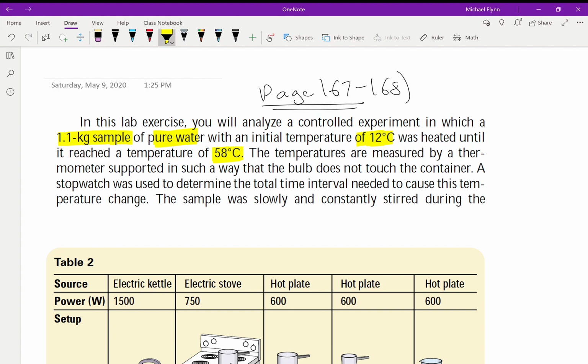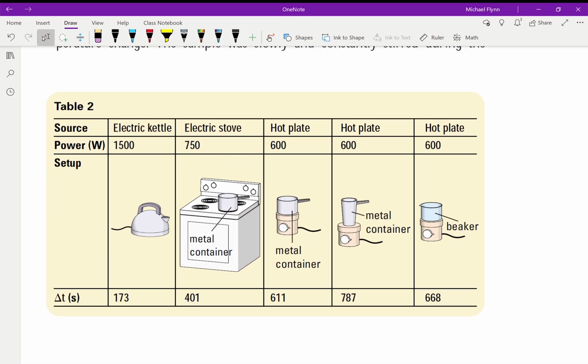This is accomplished with several different types of heaters, and the idea is to determine which one is the most efficient. So here's the data that's relevant for you.